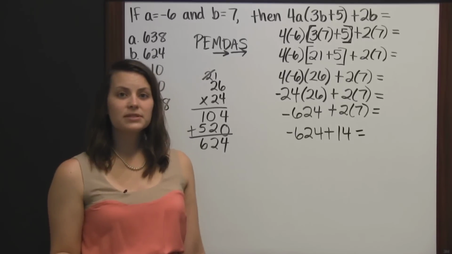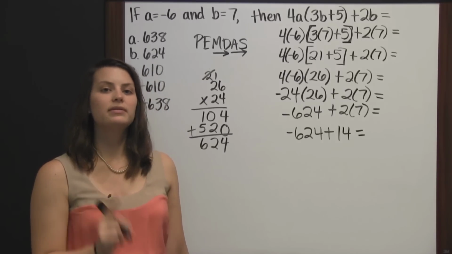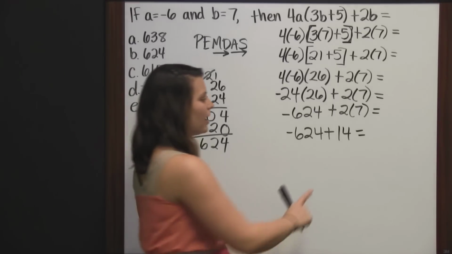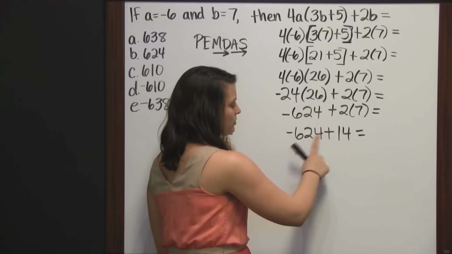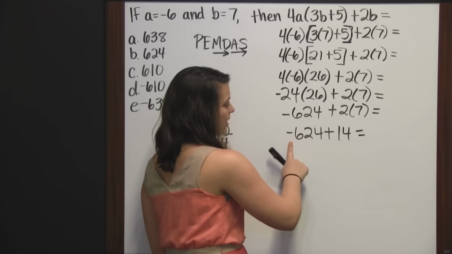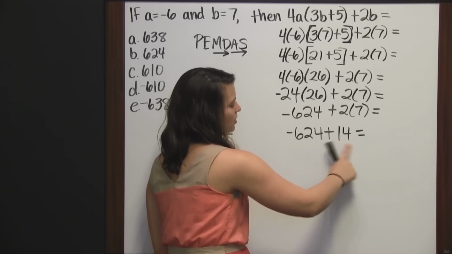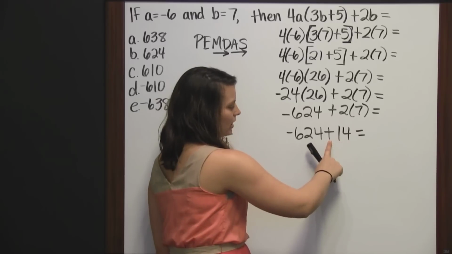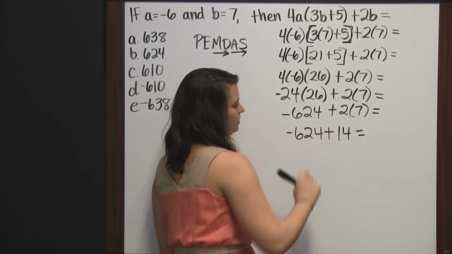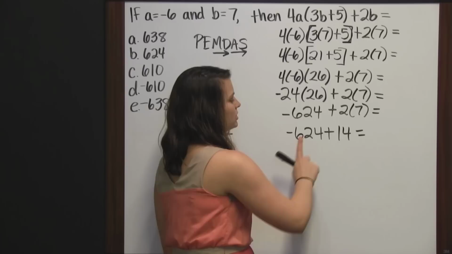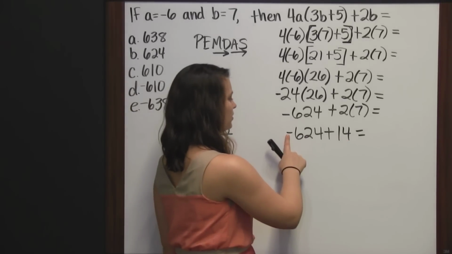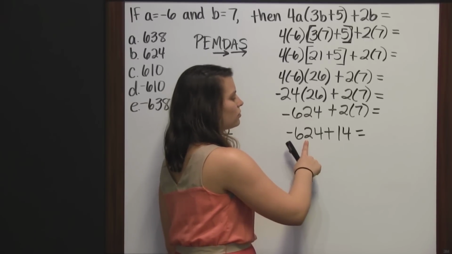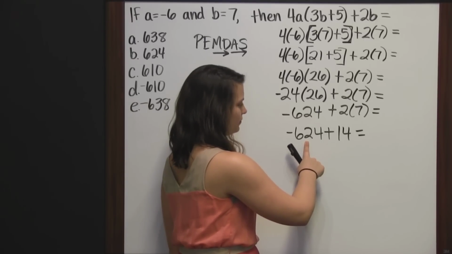Now we finally simplified it down to our very last operation, and that is addition. And we're adding 2 numbers with different signs. One's negative, one's positive. When you're adding numbers with different signs, you need to subtract the numbers and take the sign of the number with the larger absolute value.